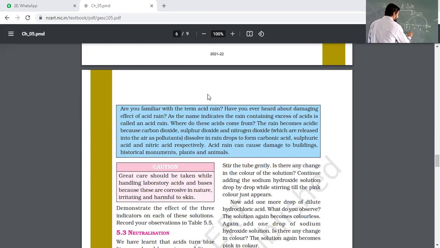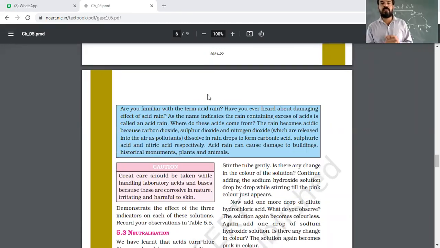Concentrated acid. When you are using this kind of substance, you have to be careful because it will damage your tissue. If it comes to your mouth, your hand, or your eyes, it will damage your body parts. So it is very dangerous.